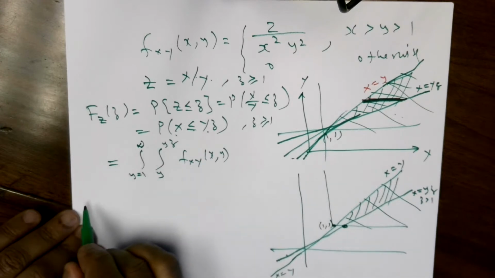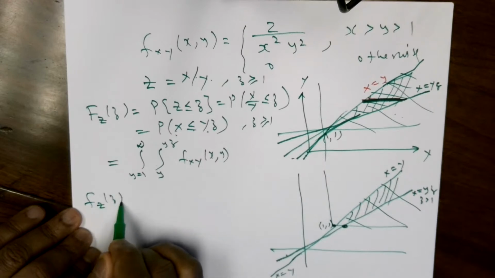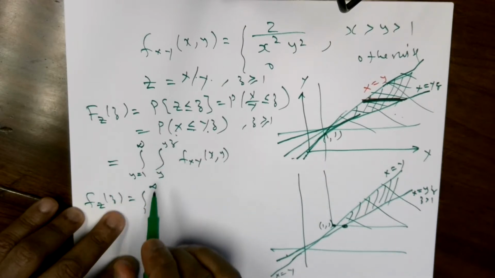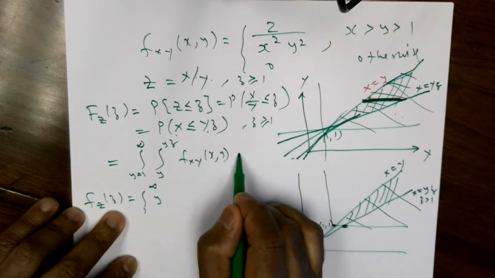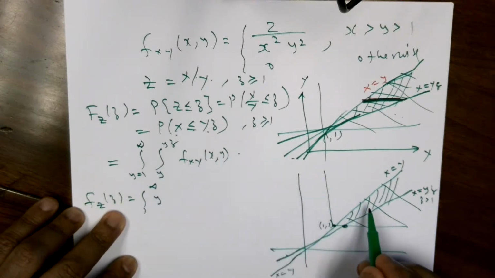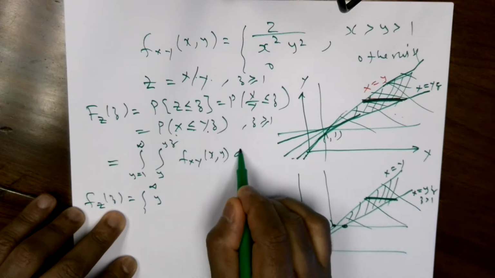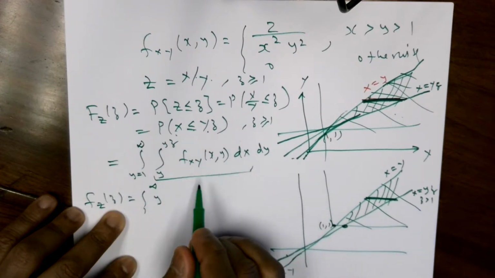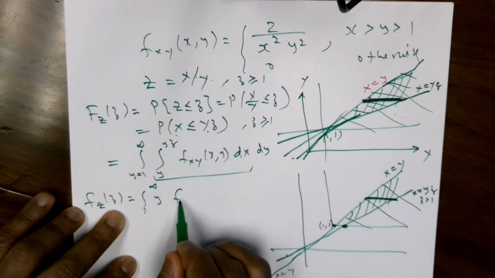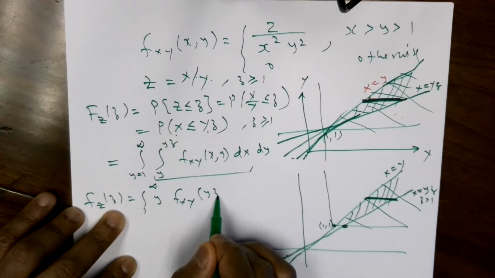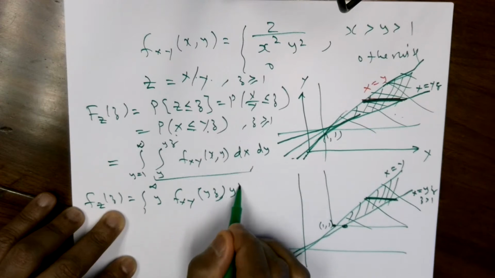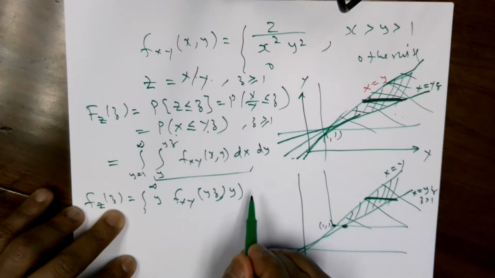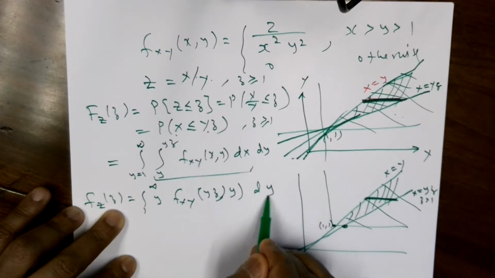So now if I take the derivative here, this is 1 to infinity, the derivative of the top limit gives y. I'm taking a horizontal strip, so dx dy, and the inside integration is with respect to x. So x gets replaced by yz, comma y, and the derivative of the bottom limit with respect to z gives no contribution.